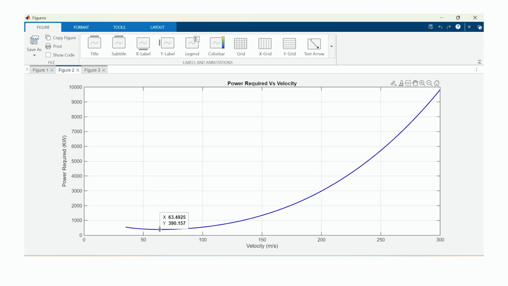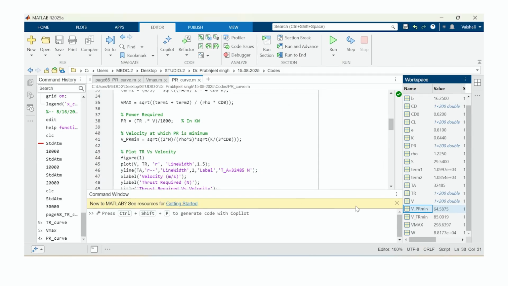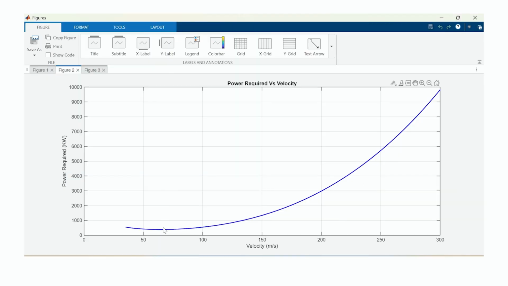So at approximately 64, the power required is around 390.